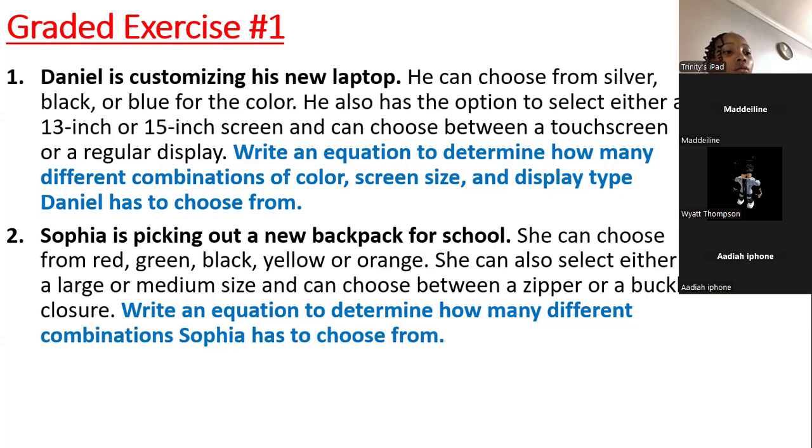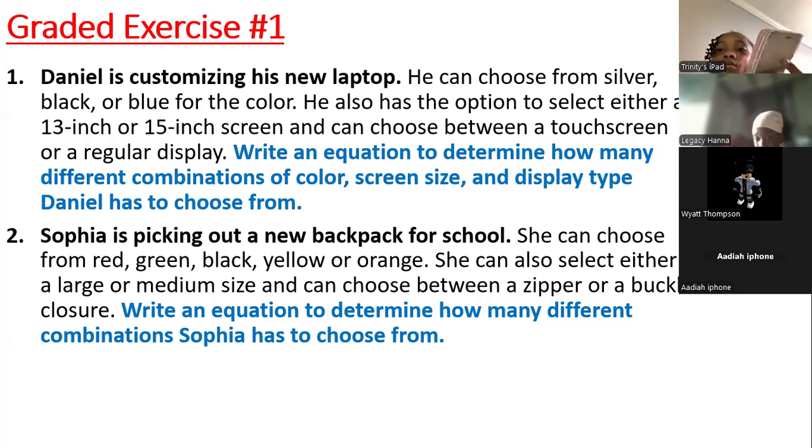Roscoe, can you hear me? Where's Roscoe? Roscoe, I cannot hear you. Roscoe and Wyatt, can you answer inside the chat since your mic is not working? Let me know what number you on.